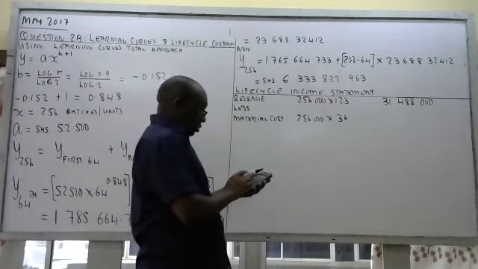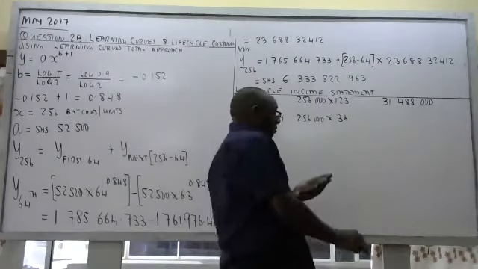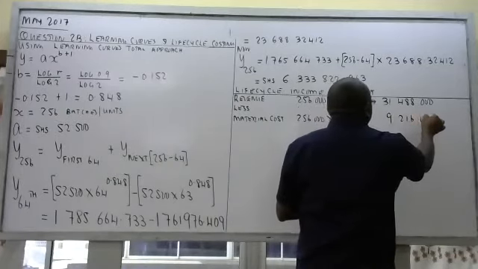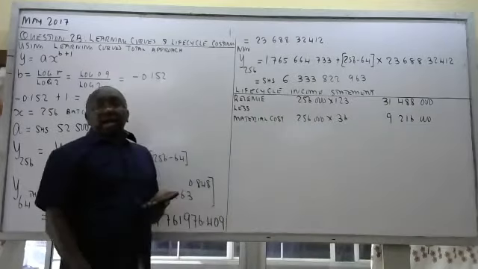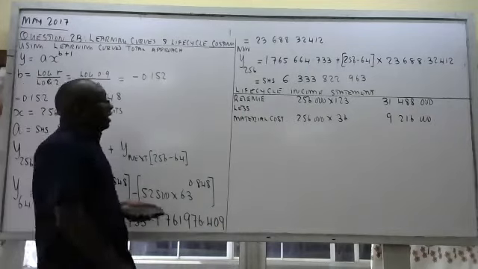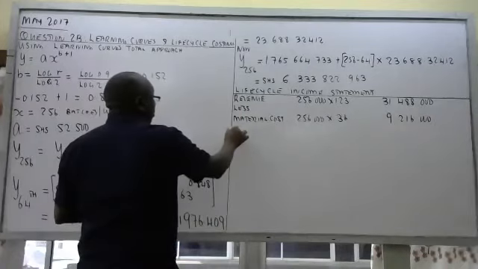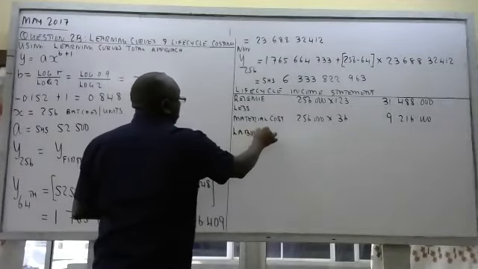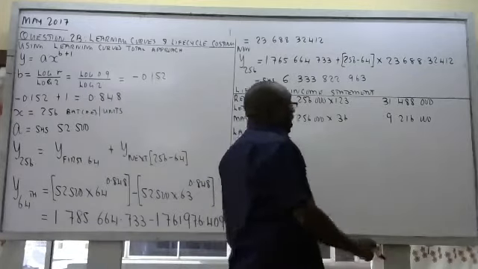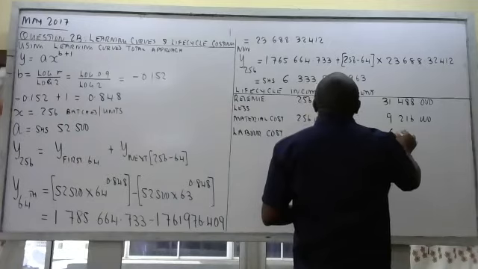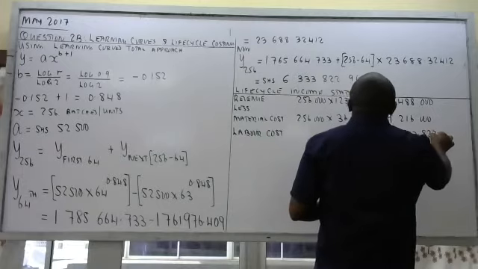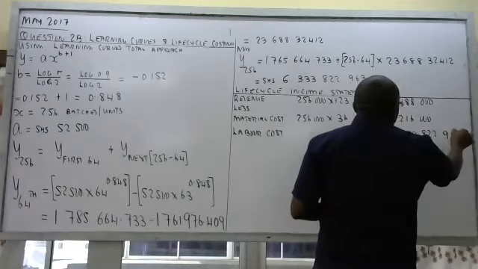So getting 9,216,000. Then we bring labor costs. Now, labor cost is what we have just computed up here, which is 6,333,822.963.